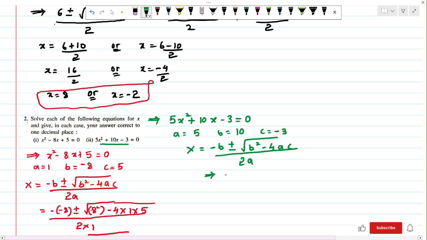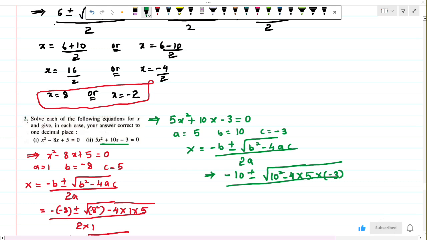Minus b is minus 10 plus or minus root of b square is 10 square minus 4 into a is 5 into c is minus 3, divided by 2 into a. 2 into a is 5.